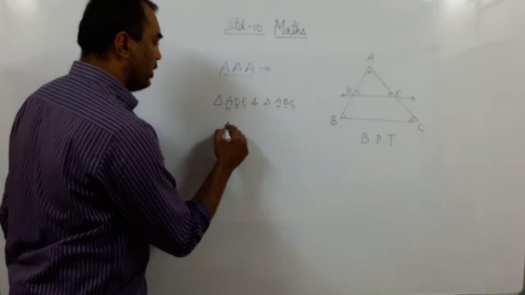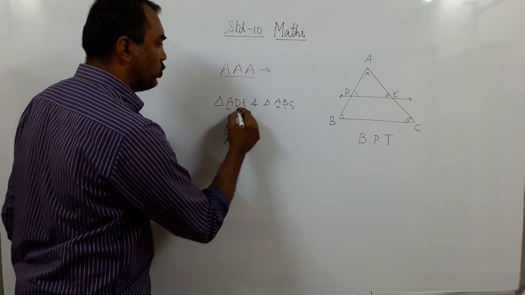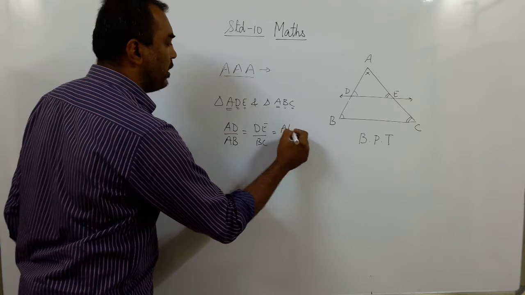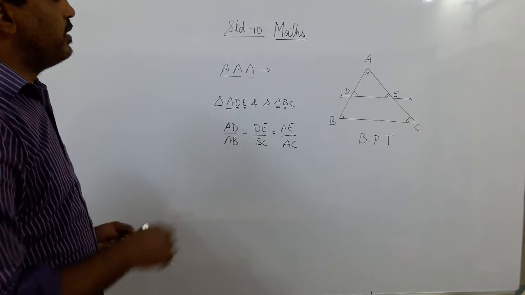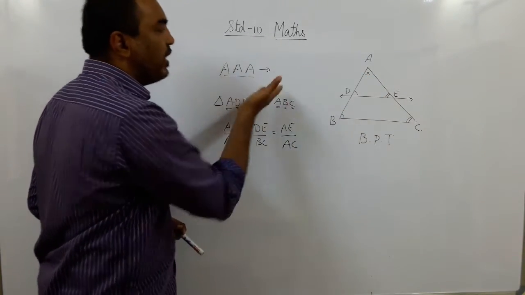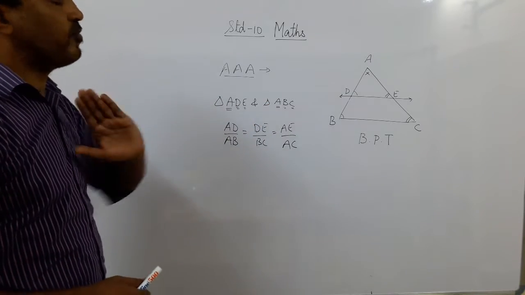So we'll have AD upon AB equal to DE upon BC equal to AE upon AC. So what can you understand is the basic proportionality theorem is a version of the AAA. So again we are repeating the same things, but this is similarity for you.